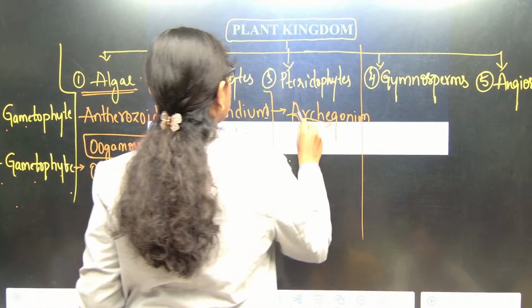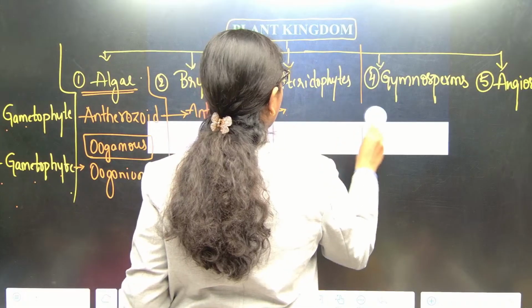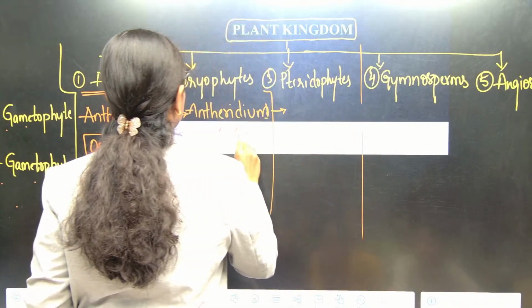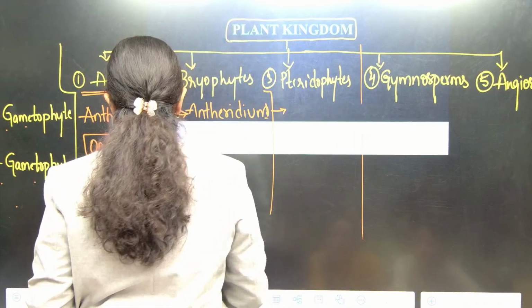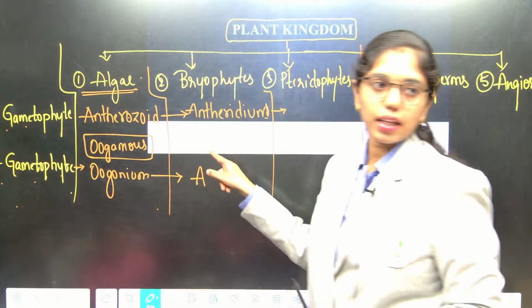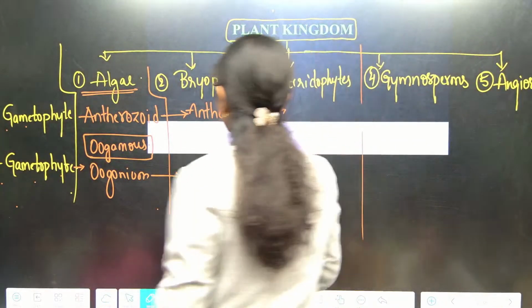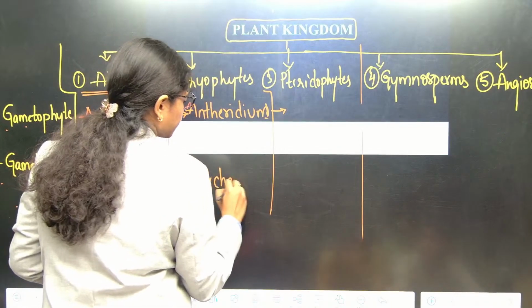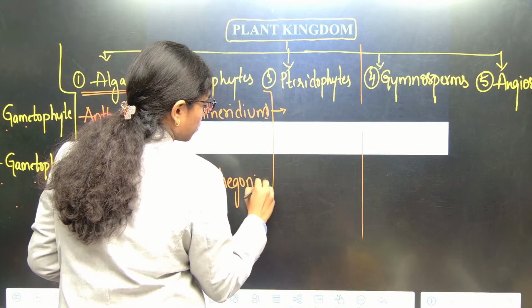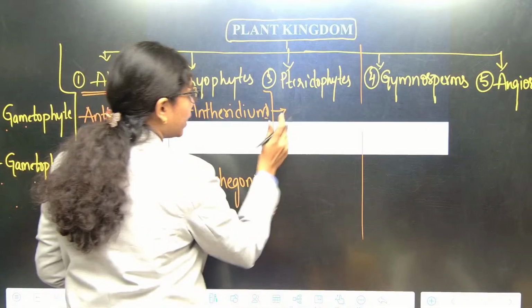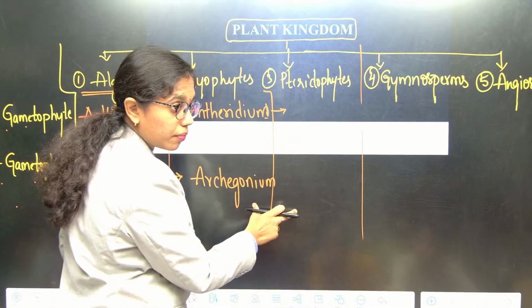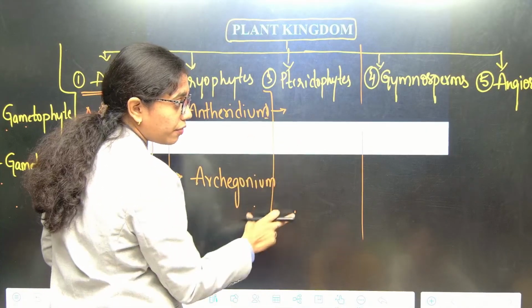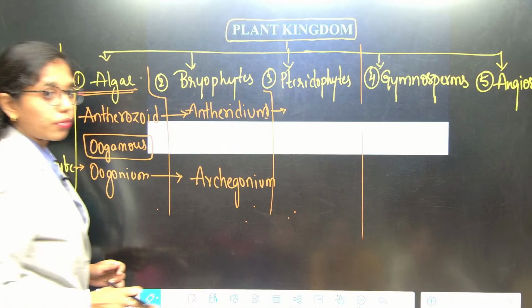So what are the first archegoniates? Bryophytes are first archegoniates. First archegoniates means in which division did you see the first archegonium? Bryophytes. And what is the female gamete? Here the male gamete is antherozoid, female gamete is egg cell.